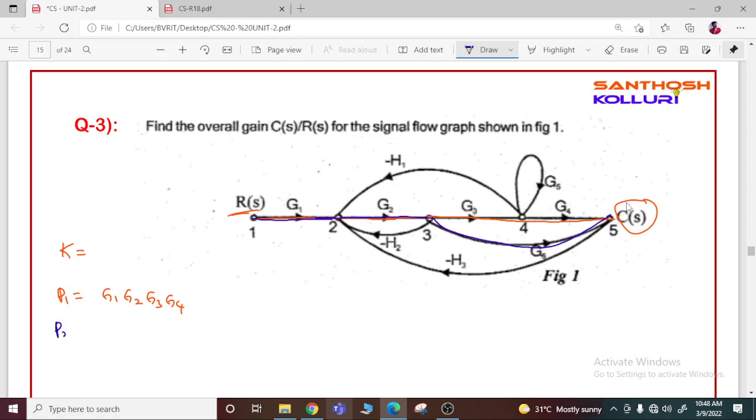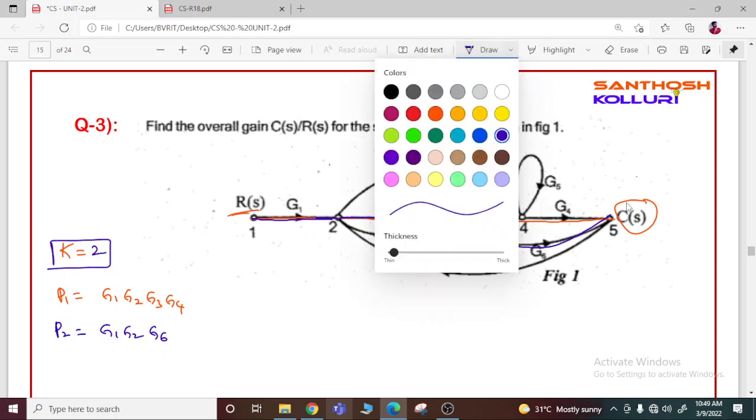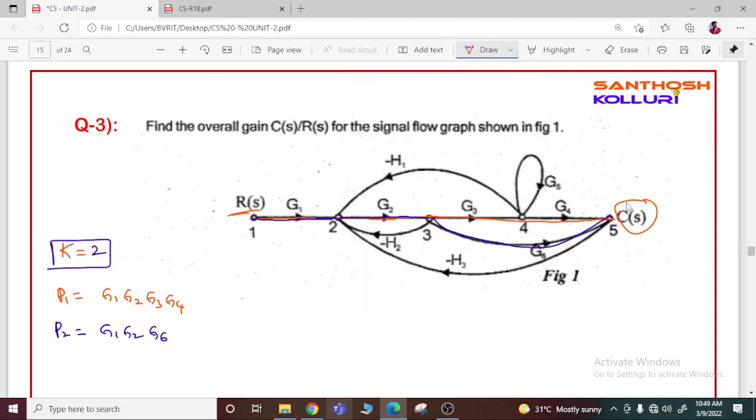So P2 can be written as G1, G2 and G6. So there are two forward paths in the given signal flow graph. And the next step is to calculate individual loop gains. Individual loop gains we have to calculate. So first of all check how many individual loops are there.